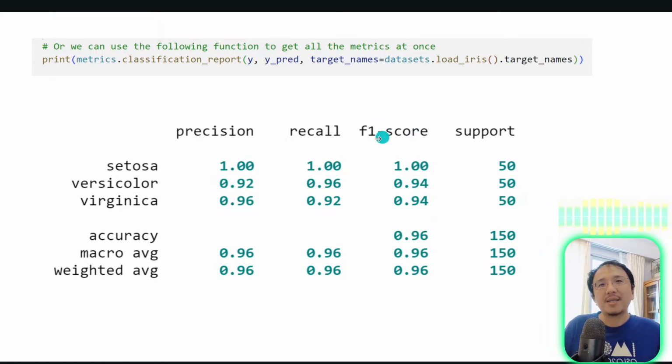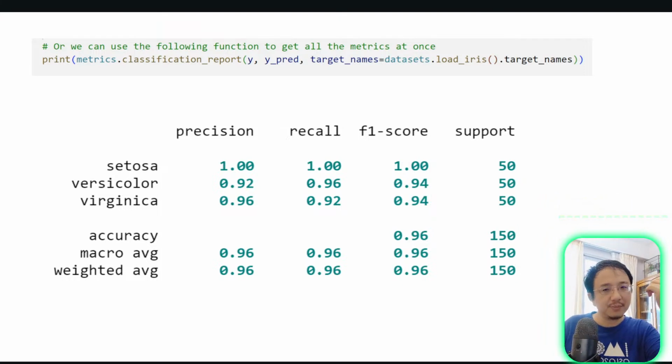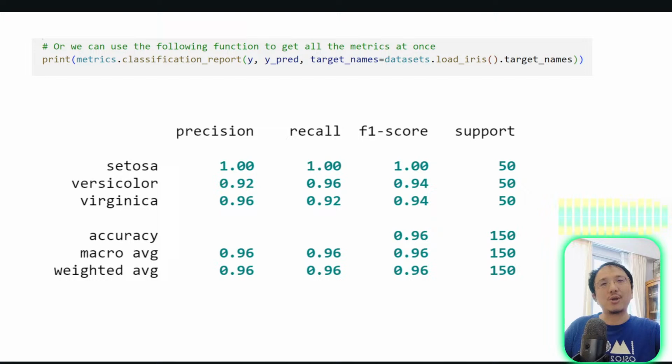So what is the F1 score? The F1 score is some kind of average between the precision and the recall. I think it is geometric. Not geometric. You can check the definitions.